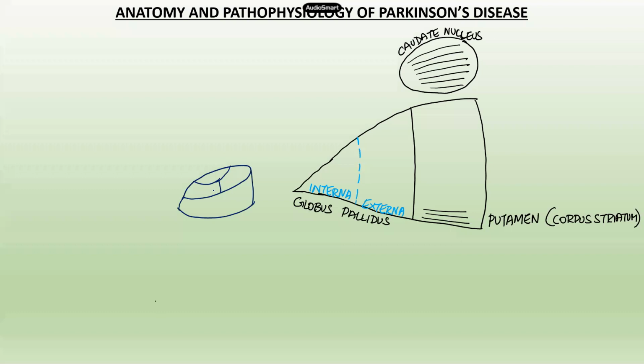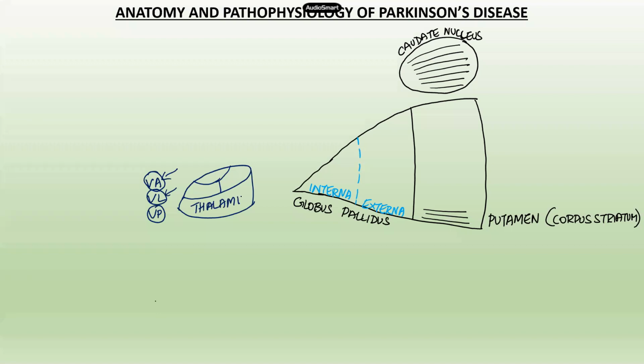Thalamus has got three nuclei, your ventro-anterior, ventro-lateral, and ventro-posterior. The circuits that come from the globus pallidus interna reach the ventro-anterior and the ventro-lateral nuclei of the thalamus.